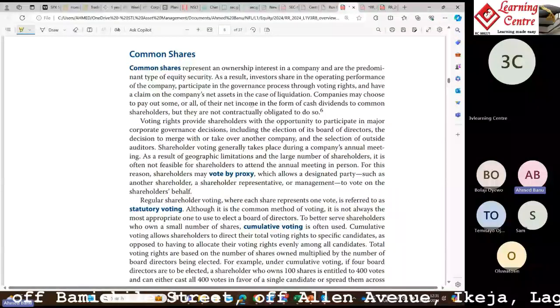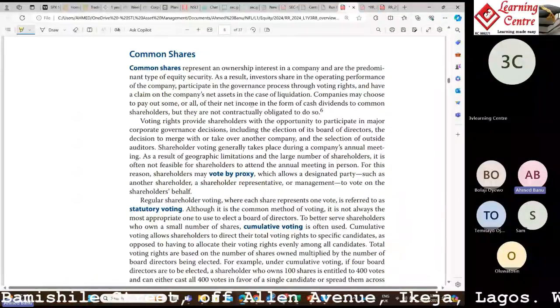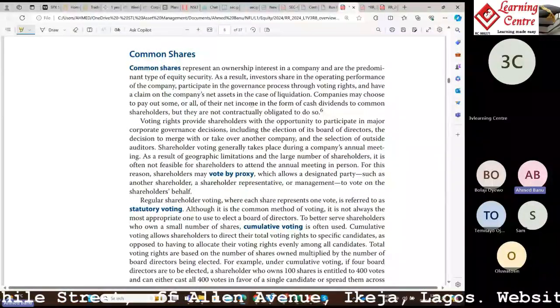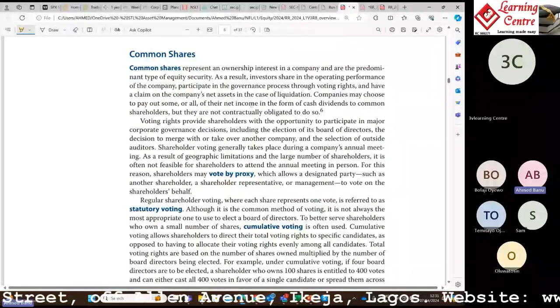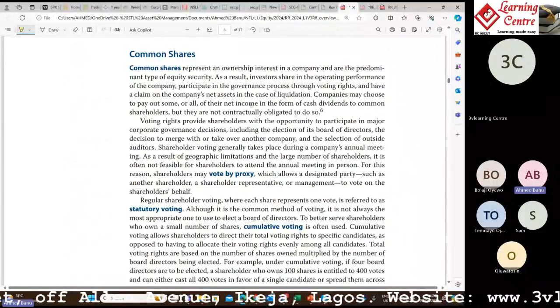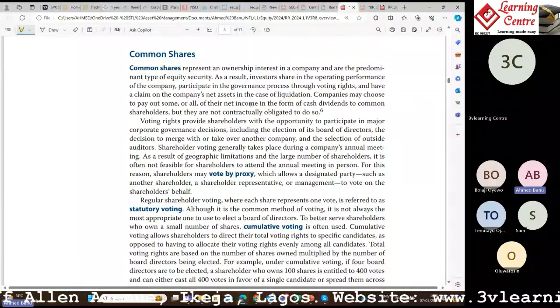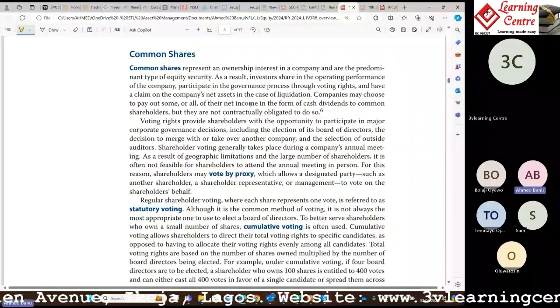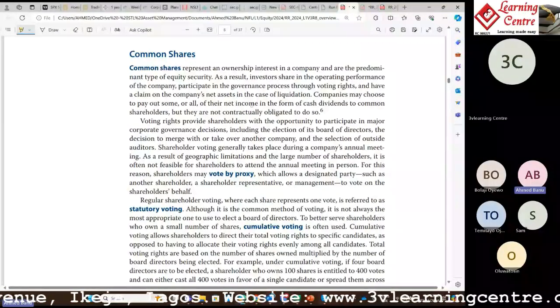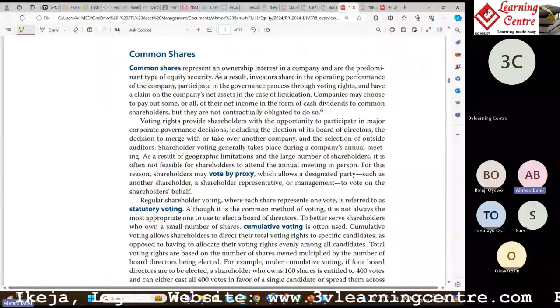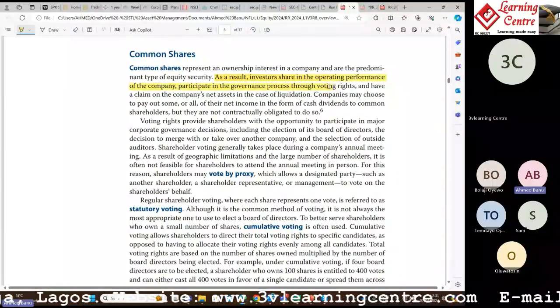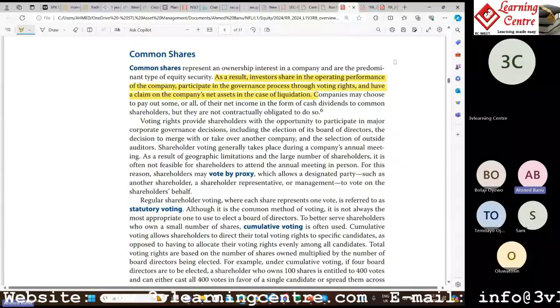Common shares represent ownership interest in a company and are the predominant type of equity securities. So common shares, or ordinary shares, are the predominant type. As a result, investors share in the, so this is very important, as a common shareholder, you share in the operating performance of the company.